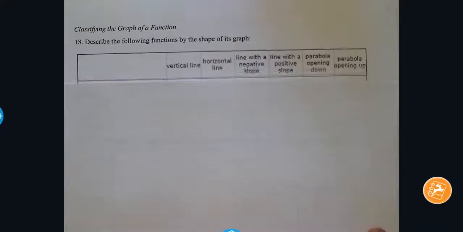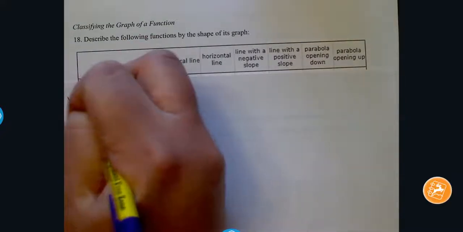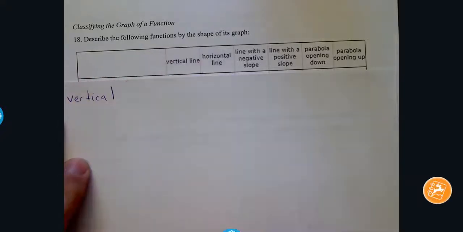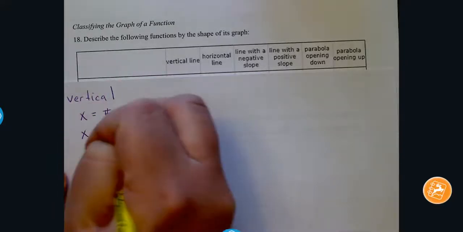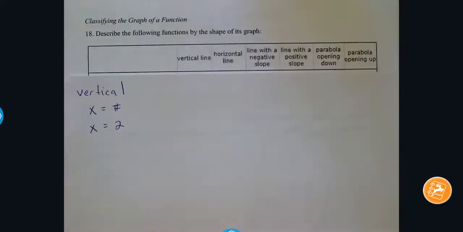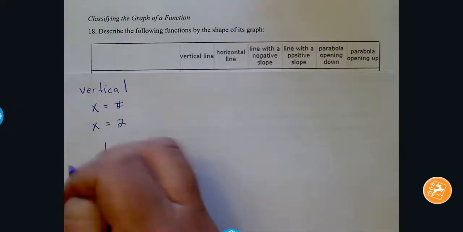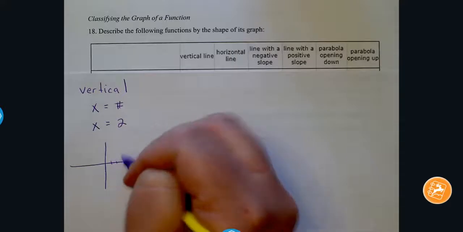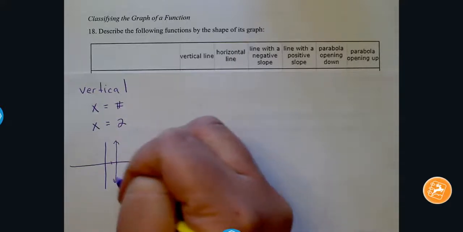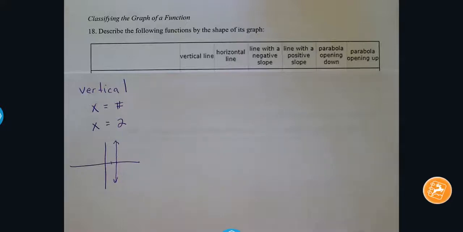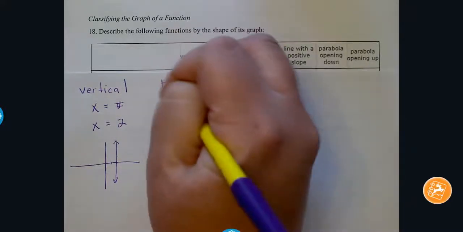So a vertical line, we already know a vertical line. A vertical line is x equaling a number. So for example, x equals 2 would be a vertical line at 2, because every x value on this line has a coordinate point of 2.